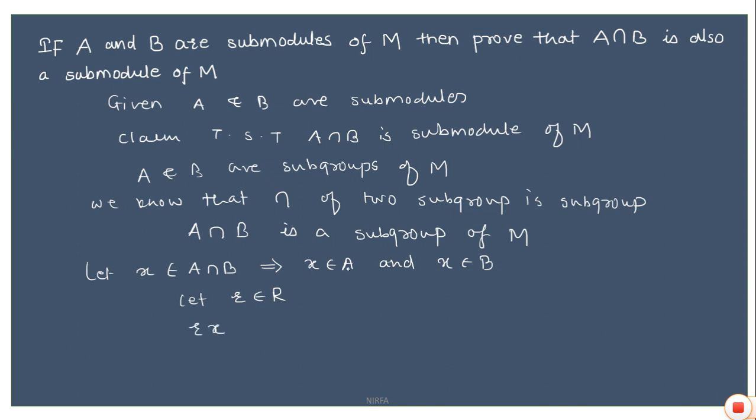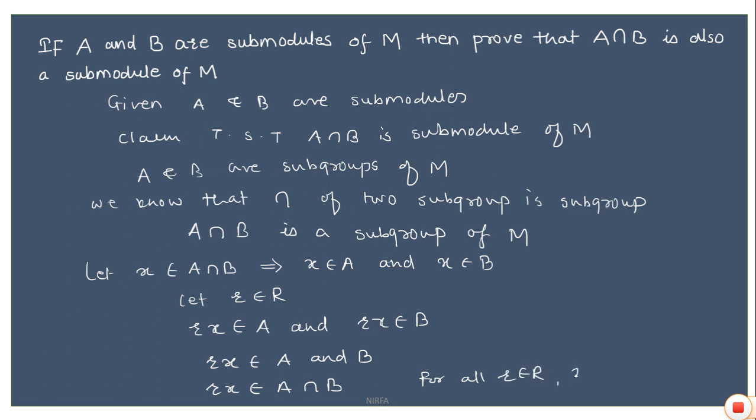Now x is a member of A and A is already a submodule, therefore rx belongs to A. Also x is a member of B and B is already a submodule, therefore rx also belongs to B. Therefore the common element rx belongs to A and B, and therefore rx belongs to A intersection B, and this is true for all r belonging to R and x belonging to A intersection B. So A intersection B satisfies all the conditions required to be a submodule of M, hence A intersection B is a submodule of M.